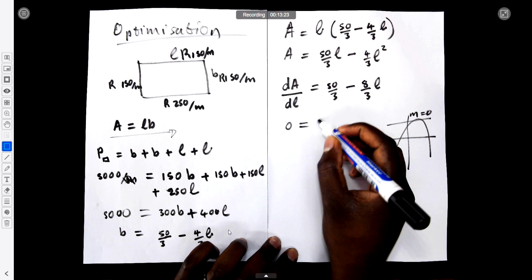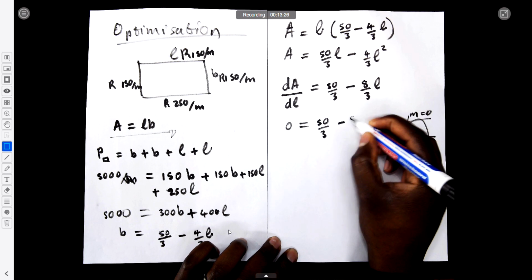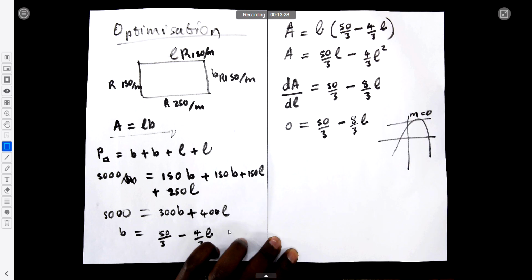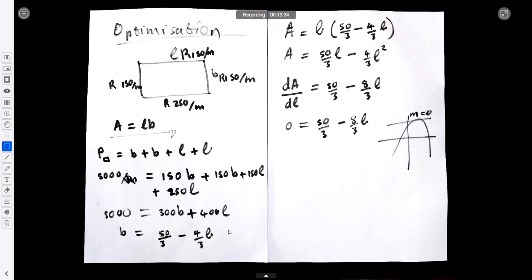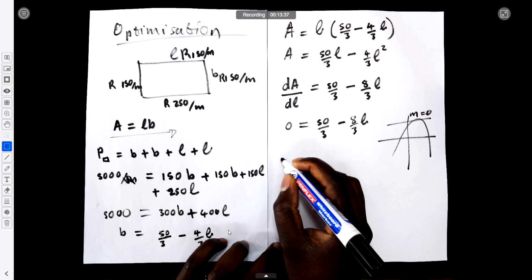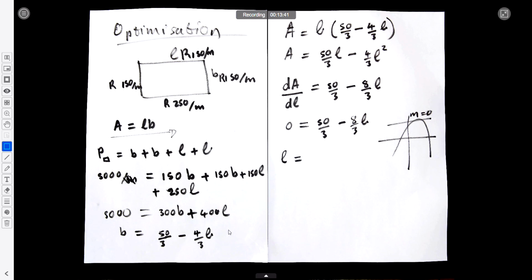So therefore, we're going to have 50/3 minus 8/3 L equals 0. Now let's solve for L, taking 8/3 L to the other side. It's going to be positive. Please divide on both sides by 8/3.